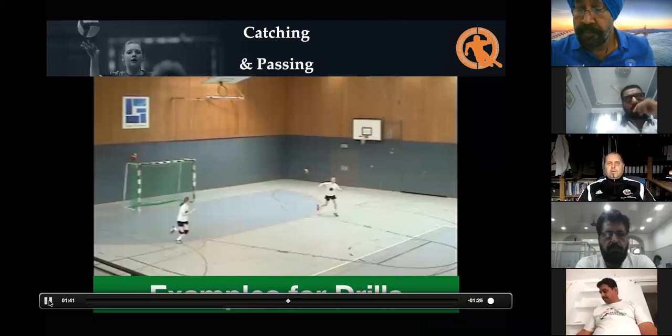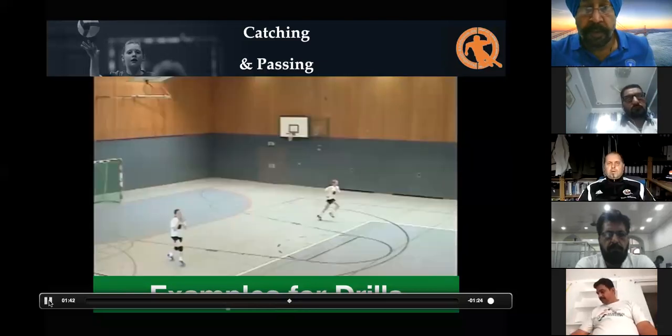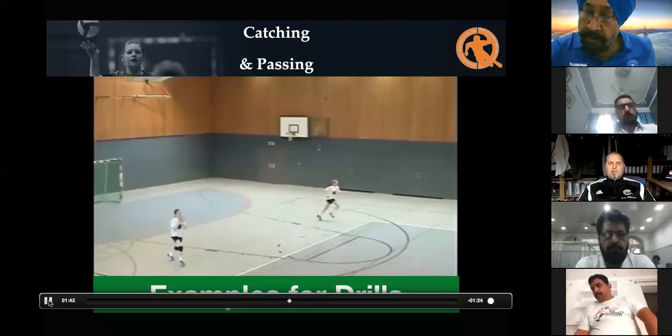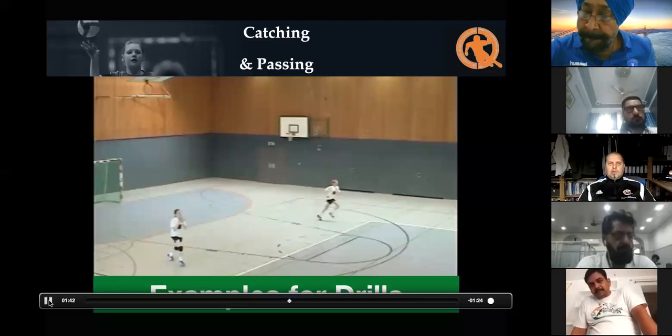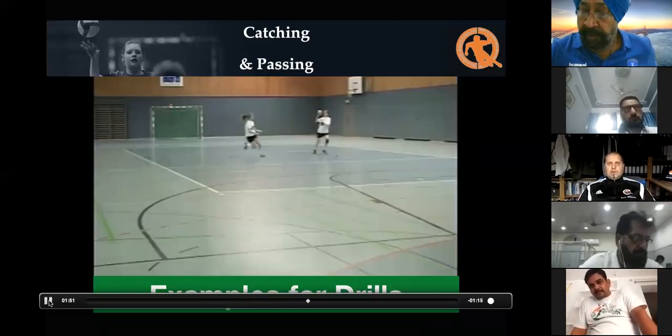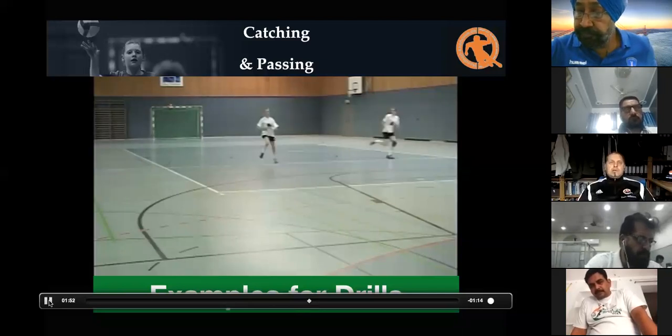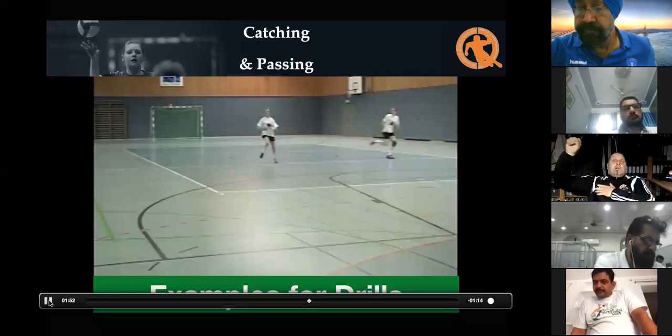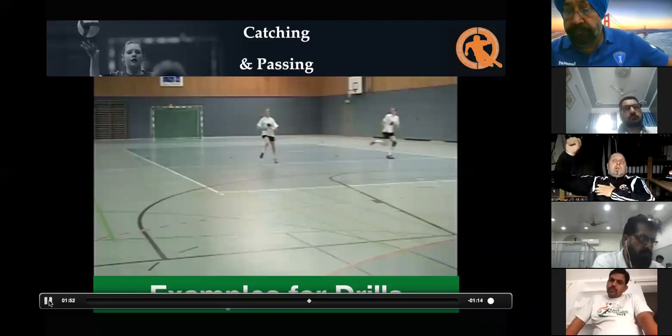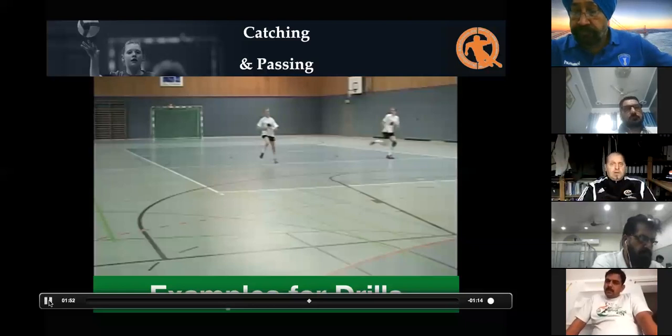Next variation is open up and close and open up again. So we open, we close, and we open again. And this needs a differentiation of the passing movement. Short distance, middle distance, longer distance is constantly different.